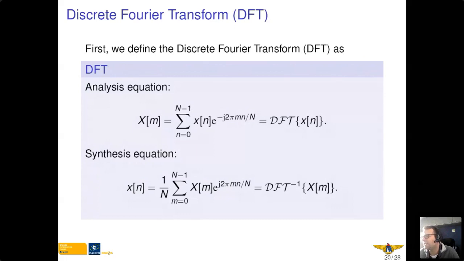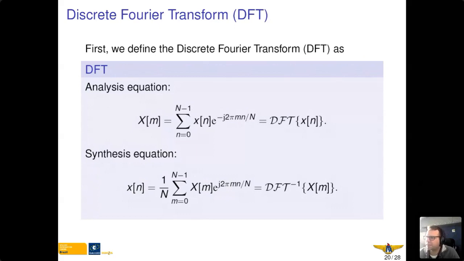So the DFT of the signal x of n can be given here as x of m, and we can also use the operator DFT. So DFT of x of n is the discrete Fourier transform.